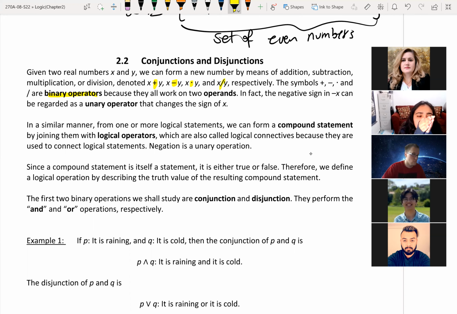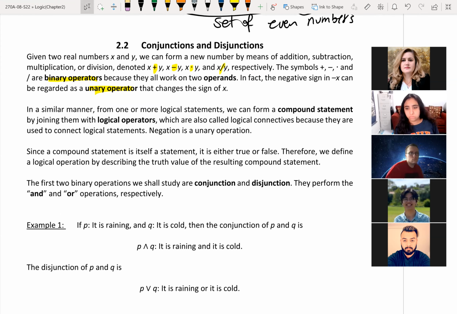You need 2 numbers to add, 2 numbers to subtract, 2 numbers to multiply, 2 numbers to divide. And we do have unary operations. A unary operation is like the opposite: if you have 2, then you have negative of 2; if you have 5, you have negative of 5. An operation that works with only one number, like negation or opposite, is unary. If you need 2 numbers, that would be a binary operation.